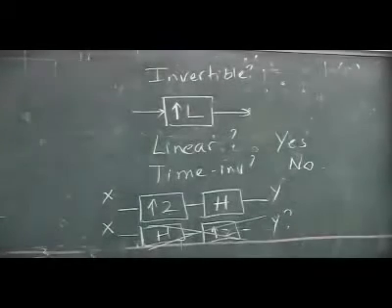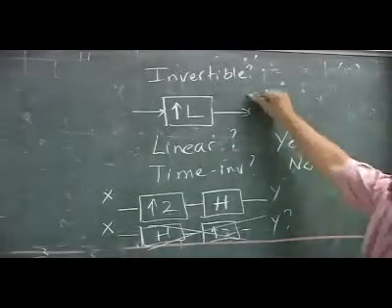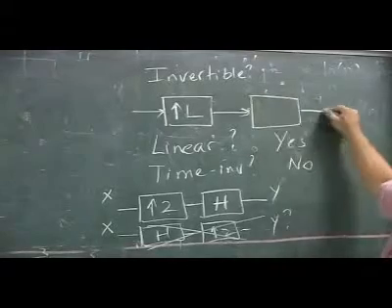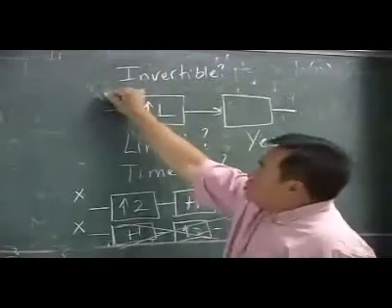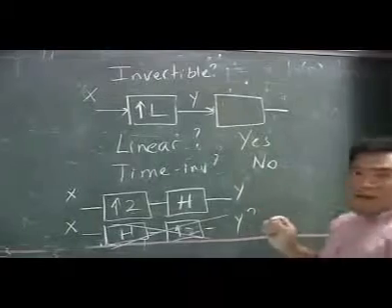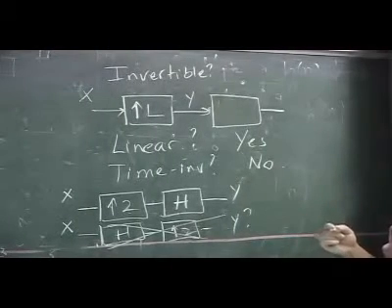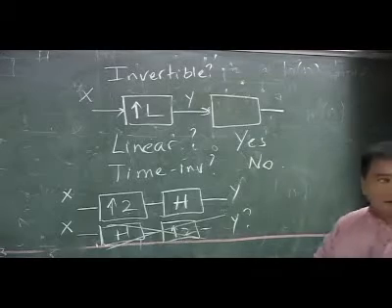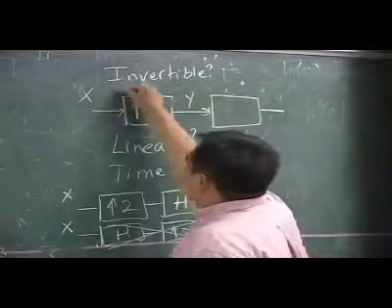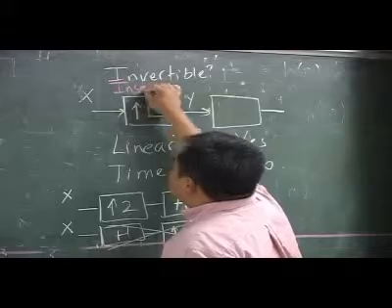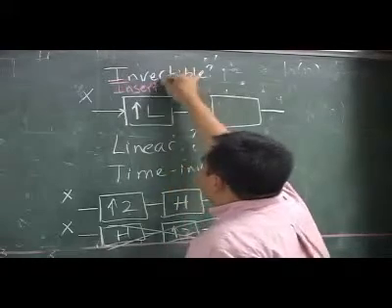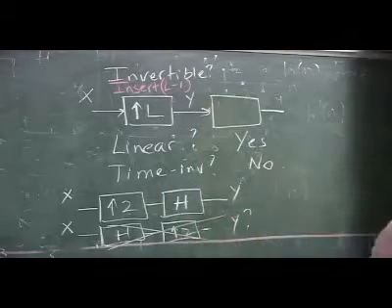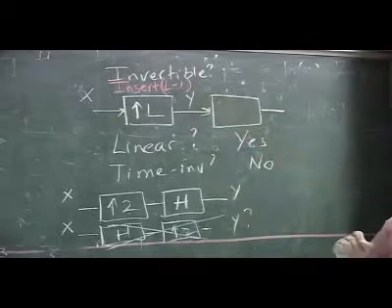Yes. So how do I invert the system? This is X, this is Y, now sampling. So tell me the operation that we have to do here. This operation, insert L minus 1 zero samples. What does the inverse system have to be?